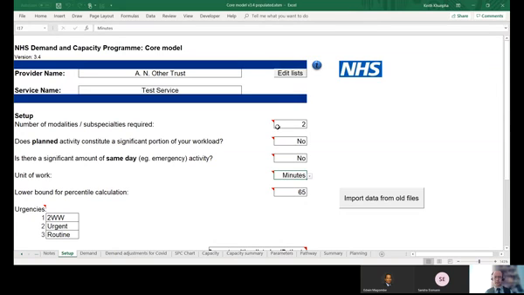So in the setup screen, not much has changed. We can enter different modalities or subspecialties for specific processes. And all this allows us to do is weight appointments of different lengths to make sure that for a given service, say it's a diagnostic service, you might have CT scans that might take 20 and 40 minutes respectively.